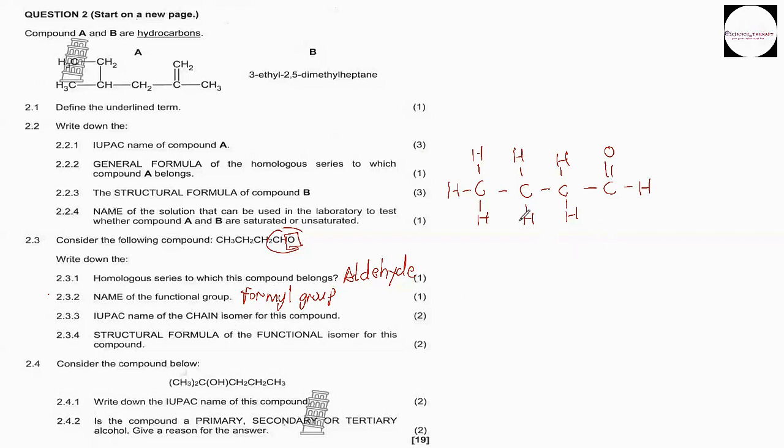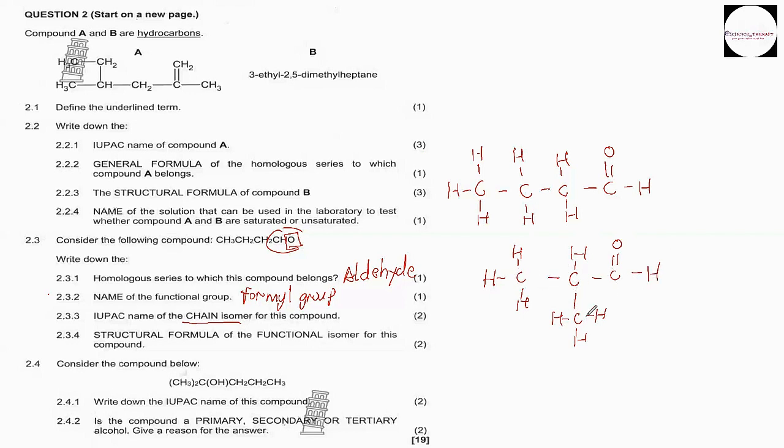So in order for us to have a chain isomer out of this compound here, all we have to do is just create a branch, create a methyl branch, right? So we can form our chain isomer just by simply doing this. Let's create a methyl branch down here, and then as long as we still maintain that we will have 4 carbon atoms, then we are good.